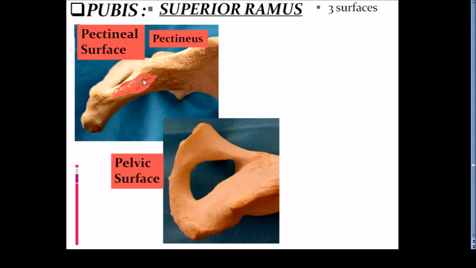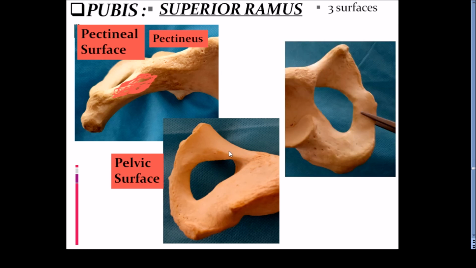Another surface is the pelvic surface. This pelvic surface lies between the superior border and the inferior border. So this is the pelvic surface, or the posterior surface, of the superior ramus. The third surface is the obturator surface.